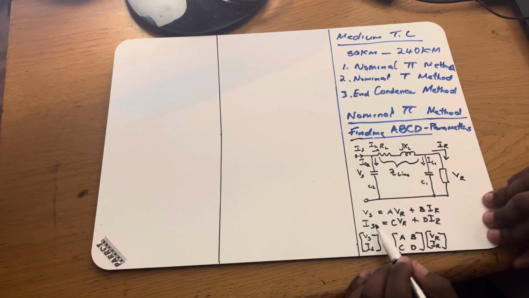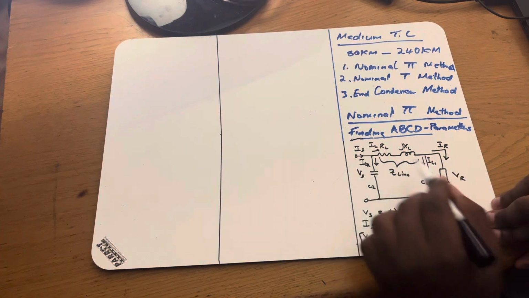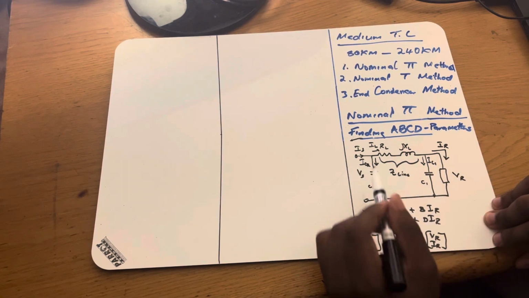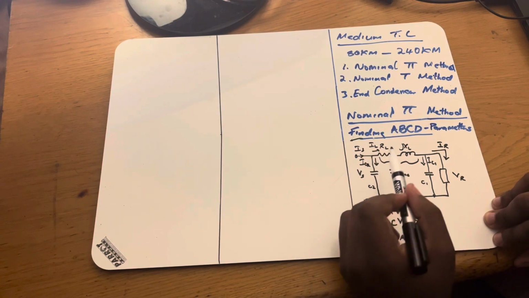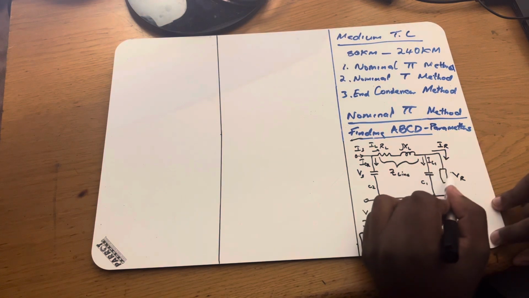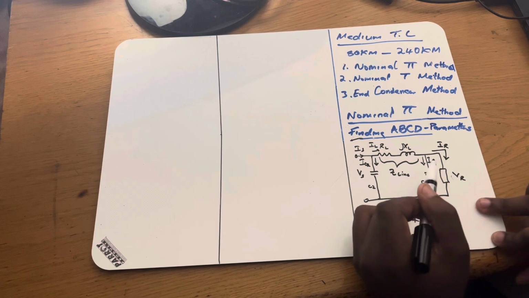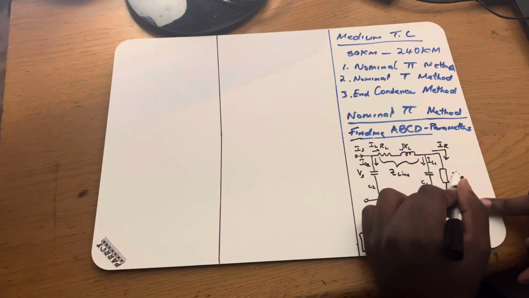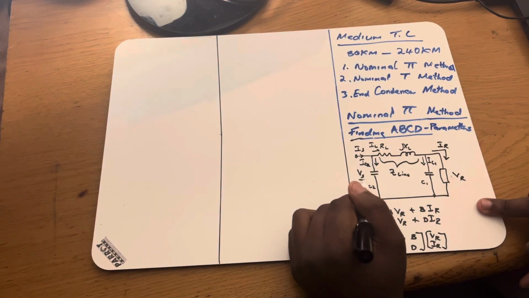So now we need to know, in terms of this diagram, what our VS is. We can see our VS is sitting across this capacitor, and then we have a voltage drop across the line, and then the receiving end voltage. So the receiving end voltage plus the voltage drop will be equal to the sending end.